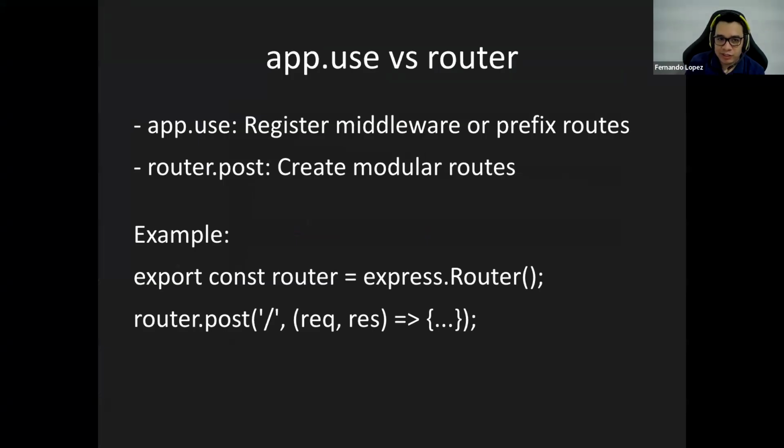We're going to create routers here inside of these new routes files. And this is going to help us to create modular routes. So we are going to avoid using the app.get, app.post, app.patch, and all the other methods that we can add to an app. And instead of using those methods, we are going to call the route using the app.use, because from now on it's going to be like a middleware.